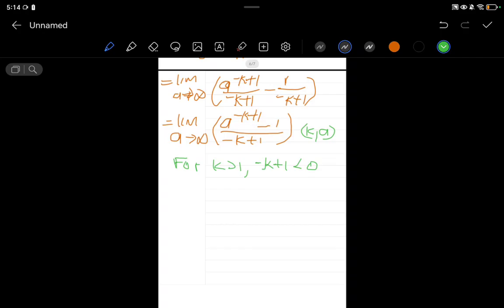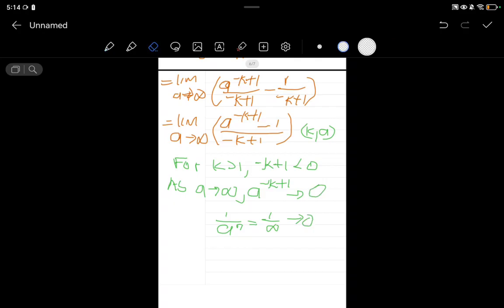So we check now a. As a approaches infinity, a to the minus k plus 1 will approach what? If this exponent is negative, you know that we're always going to have this case, depending on the value of k. If we plug infinity here, this approaches 0. So a to the minus k plus 1 approaches 0.